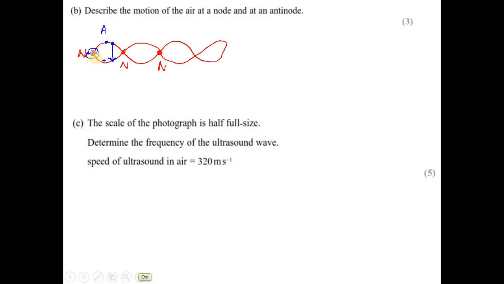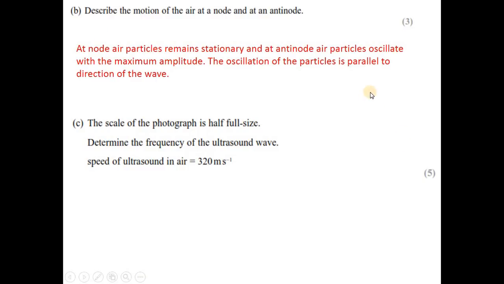And moreover, this is the formation due to ultrasound, and the oscillation is parallel to the direction of motion of wave because of the sound wave, which is a longitudinal wave. So you will have to include all these points because it is 3 marks. So you will have to say about the node, antinode, and oscillation of the longitudinal waves. So you can write all these points.